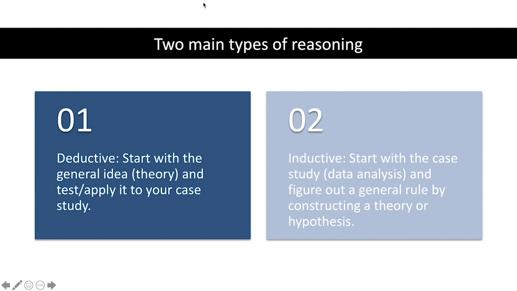Deductive and inductive work in different directions. With inductive, you start with a case study and check out what's happening within the bounds of that case. Then you try to extrapolate a general rule that you can move towards developing a theory or a hypothesis. So these work together.